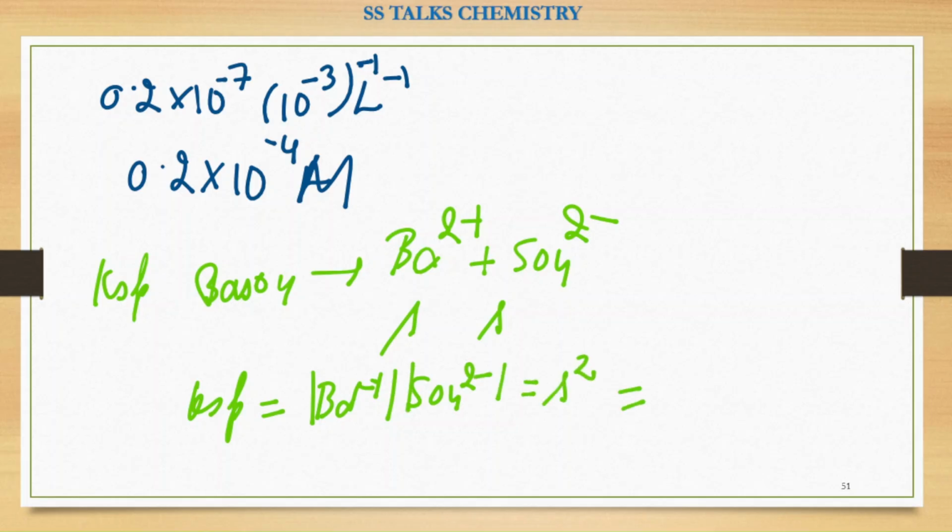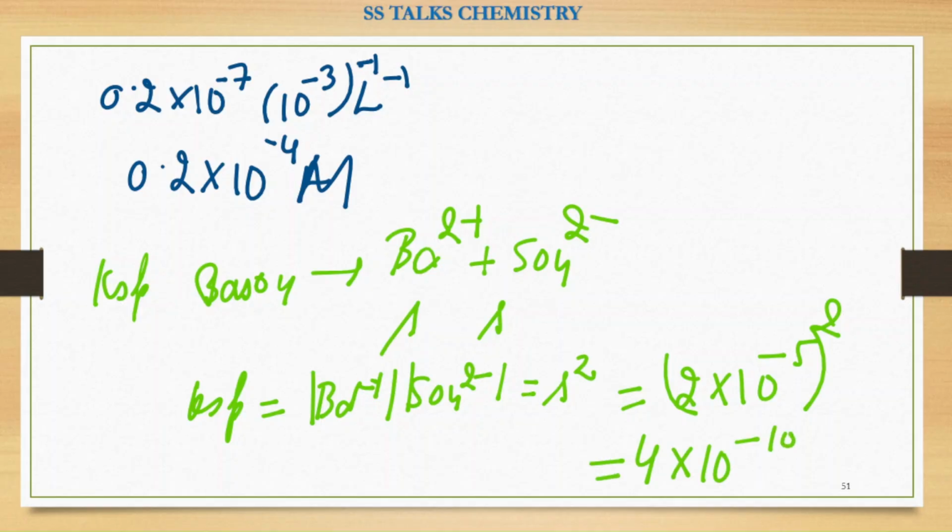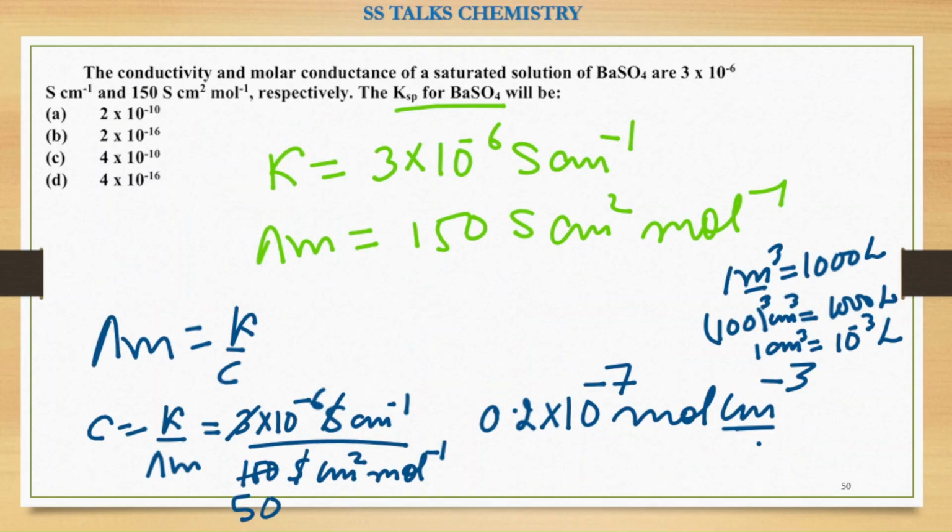So the concentration term we are having is 2 into 10 raised to the power of minus 5. Its square term is going to be there. So we will be getting the answer 4 into 10 raised to the power of minus 10. This is going to be the Ksp value. Okay. So the answer is C in this case, 4 into 10 raised to the power of minus 10. Right? So I hope this is clear. So unit conversion is important in these types of equations.